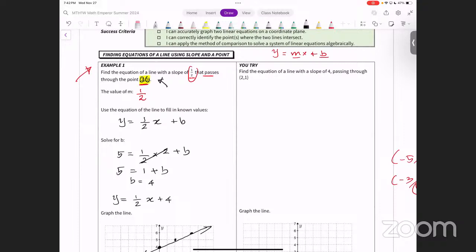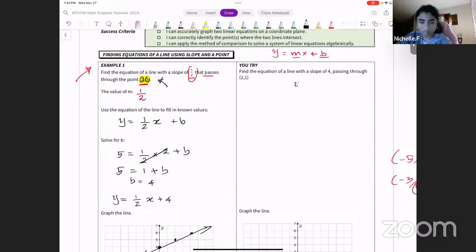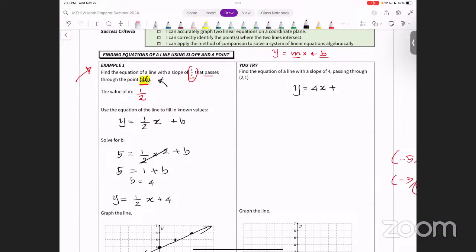Okay. Nishal, what is the equation you got, for the second question? I got 4x plus b. 4x plus, what is your b?